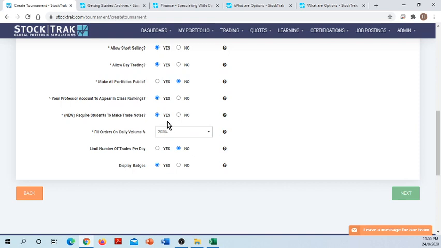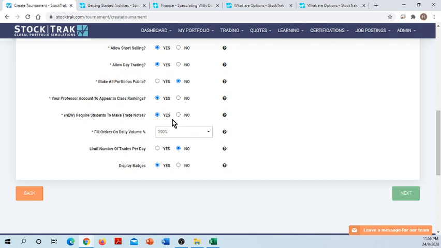This feature is very important. Here, whether or not you require your students to make trade notes, it's important that your students justify what they are doing, because if you want to track how your students are performing or what they are doing without the trade notes, it might be a bit challenging.